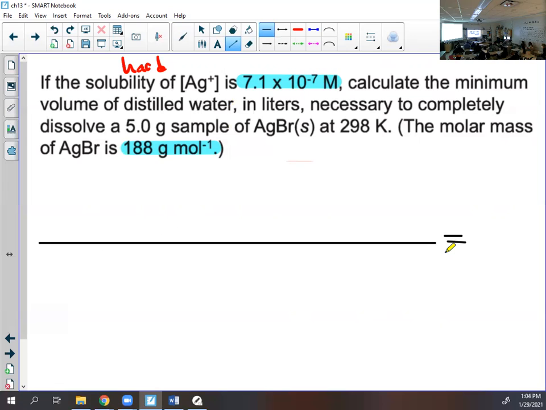What equation? I can't give you a ton of time to work on this because the bell will ring.